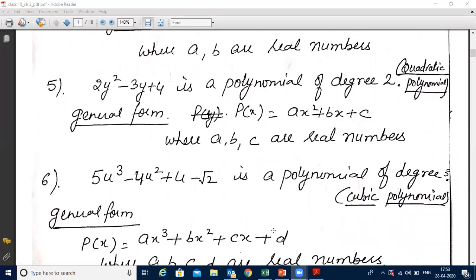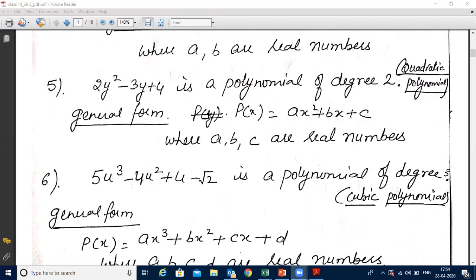Now, I have written one more polynomial with variable u: 5u cube minus 4u square plus u minus root 2. It is a polynomial having degree 3 because in the first term the power is 3.